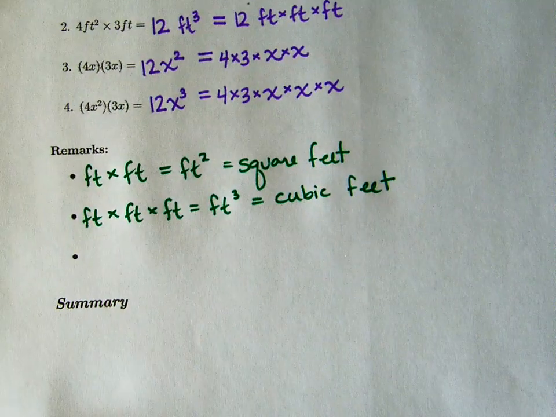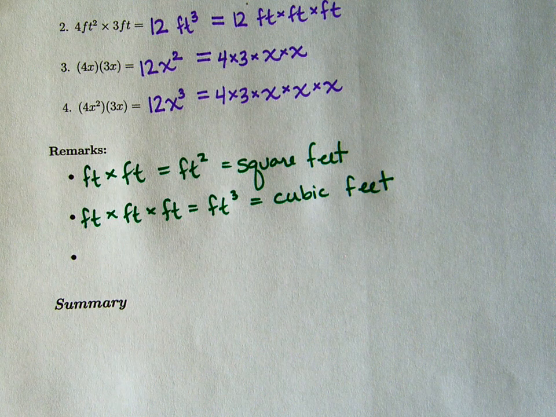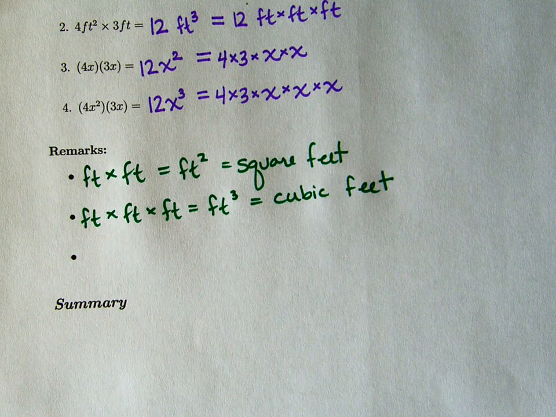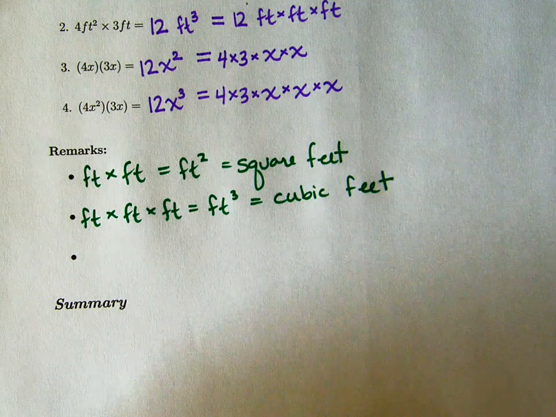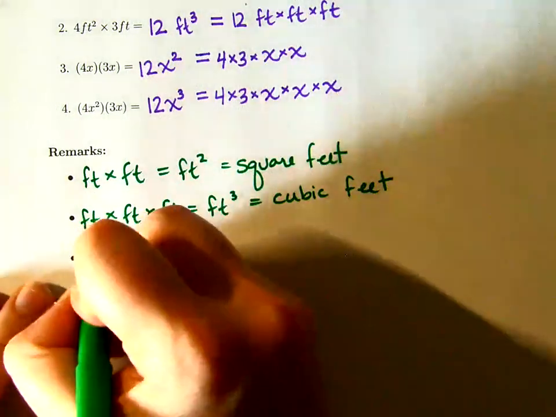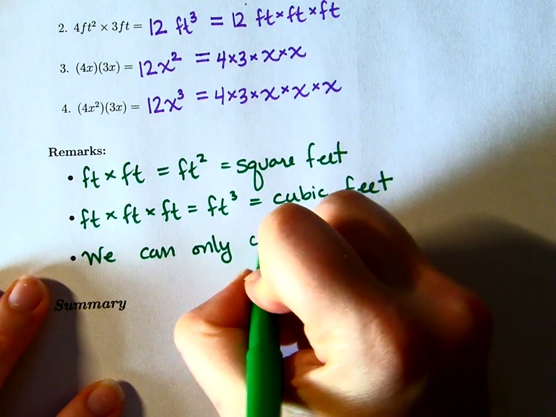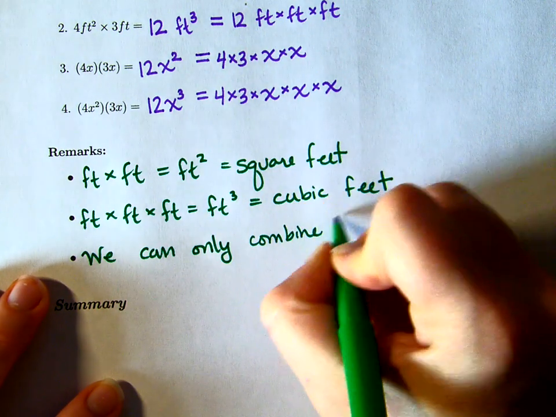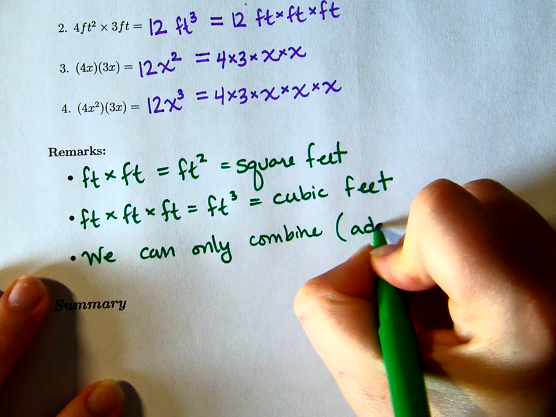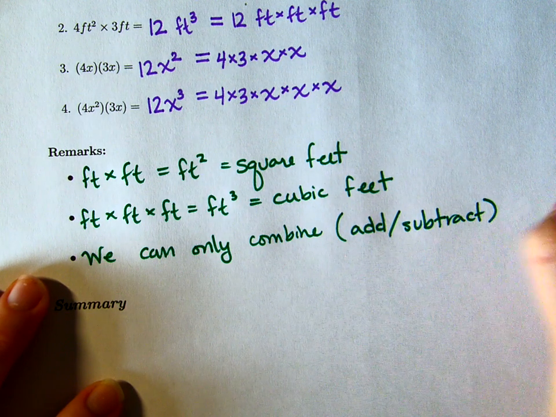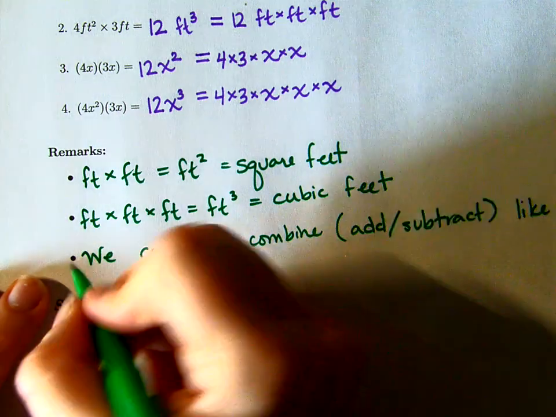The space inside, or how much is inside an object, and we can only combine like terms. So my last remark, we can only combine, and when I say that, I mean add or subtract, like units.